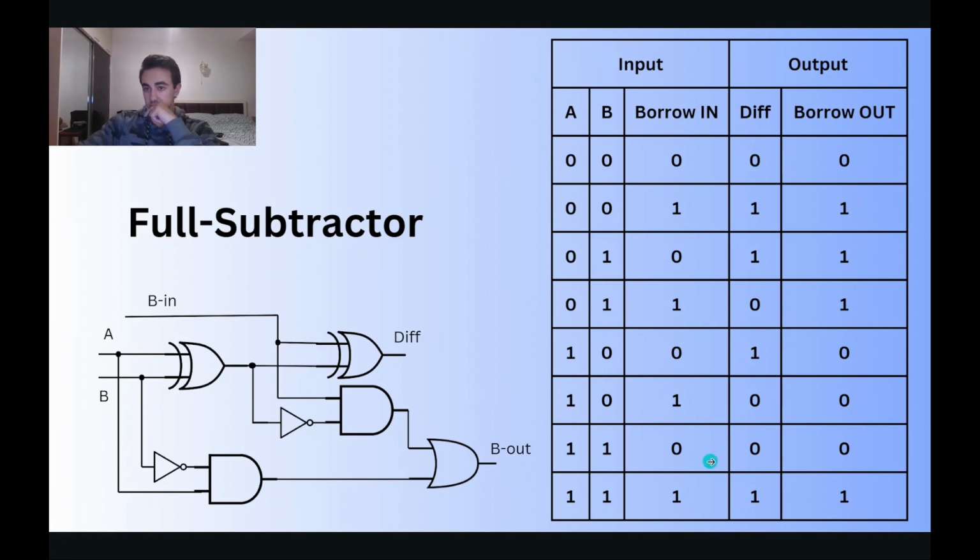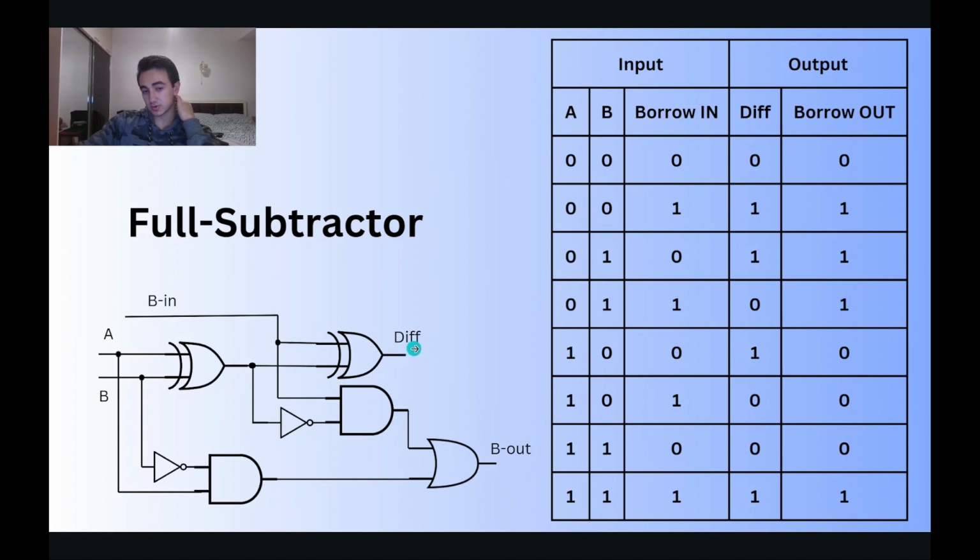Also let's review this case. A is 1, B is 1, borrow in is 1. So A and B for the XOR give 0. A is this one, negated we get 0, and B is 1, so with 0 and 1 the output is 0. Borrow in is 1, and the output of XOR is 0.